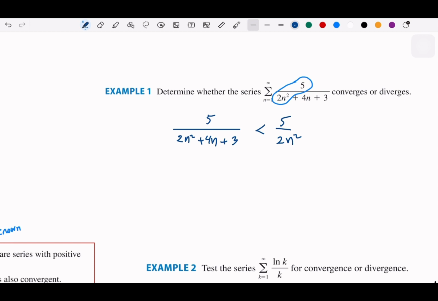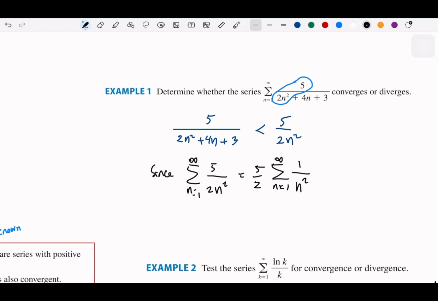It's for sure. And then, since we know the series for 5 over 2n squared, we can write, and we can say that this is the P series, must be convergent, right? This must be convergent.